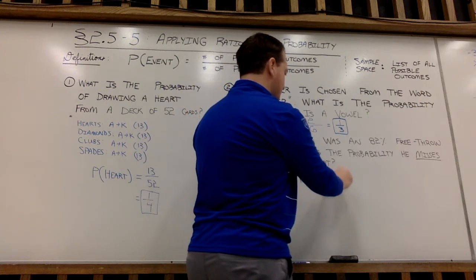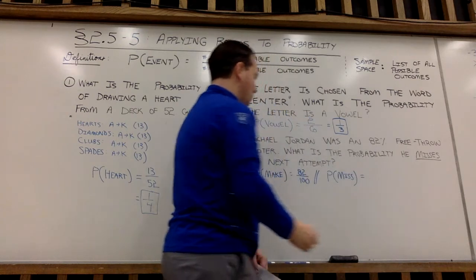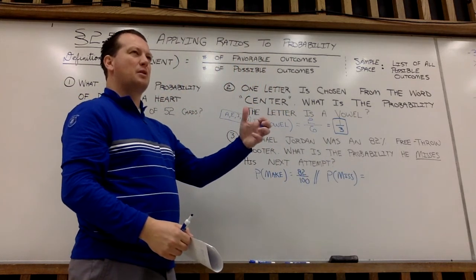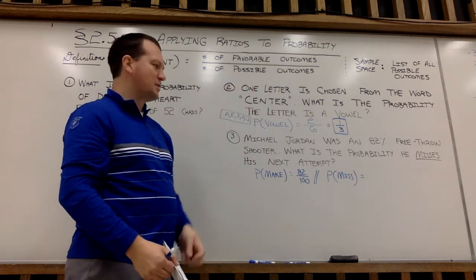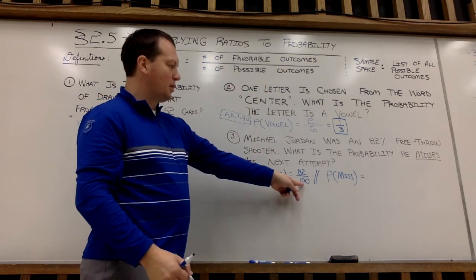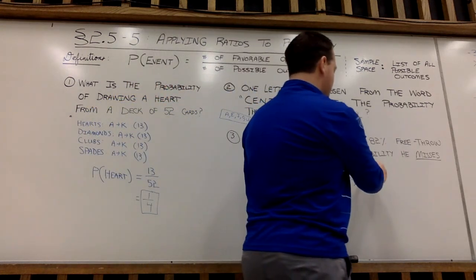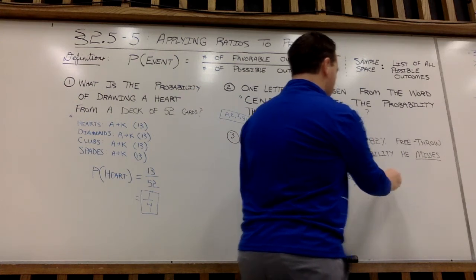Probability of a miss, then, would be if he makes 82 out of 100, well, the other number would be misses. You either make your shot or you miss it. So if you take your total 100 and subtract 82, you would see that he would miss 18 out of 100.